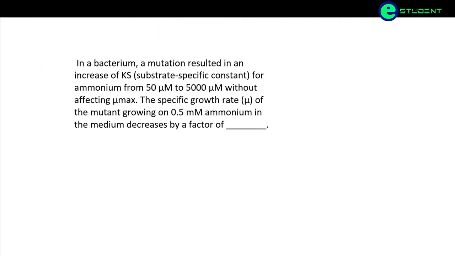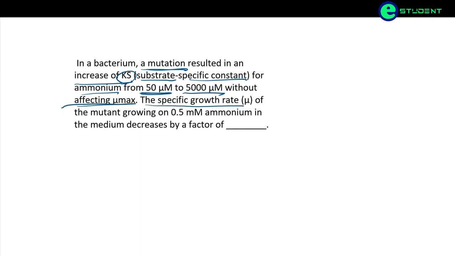Now coming to the next question. In a bacterium, a mutation resulted in an increase of Ks, the substrate specific constant, for ammonium from 50 micromoles to 5000 micromoles without affecting the mu max.